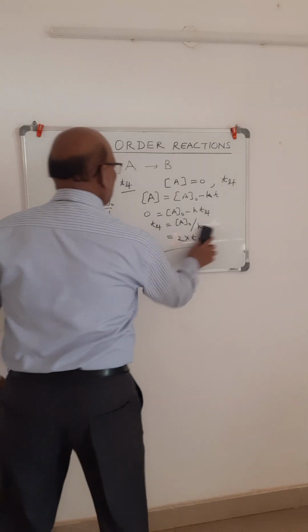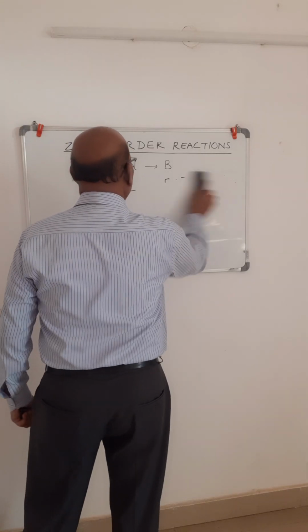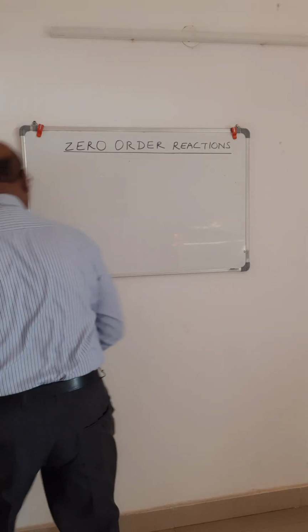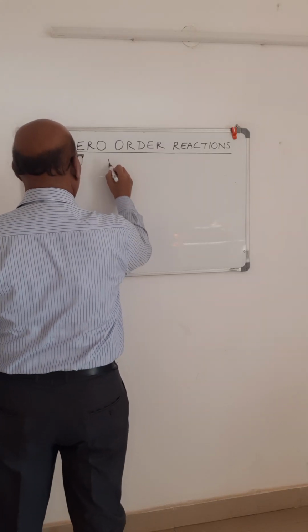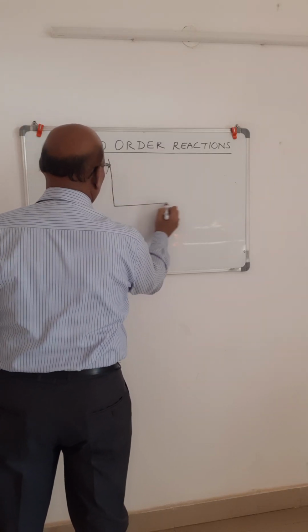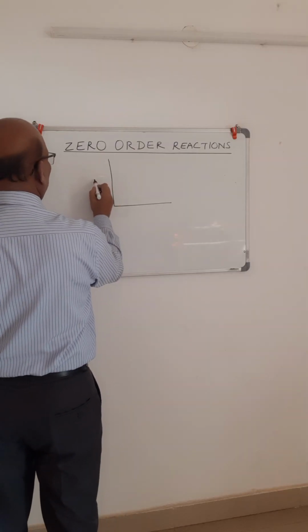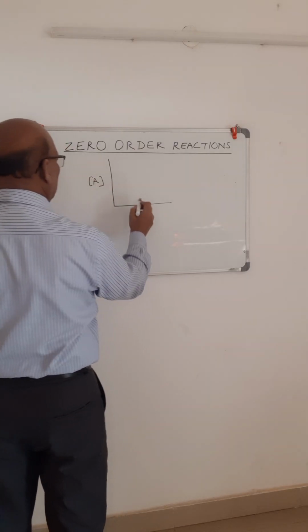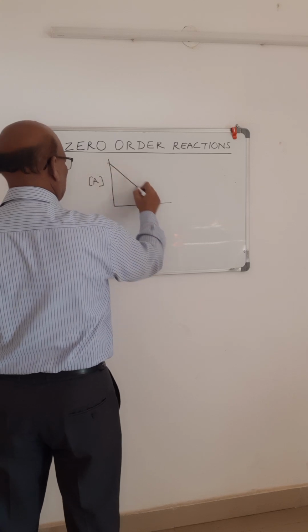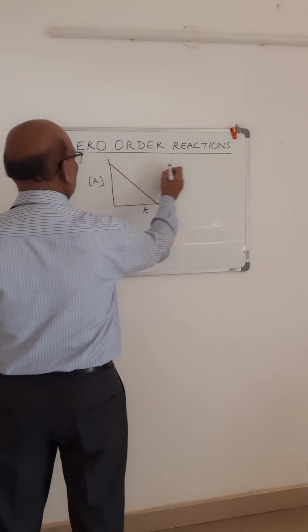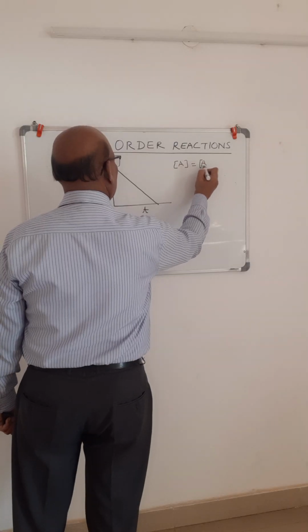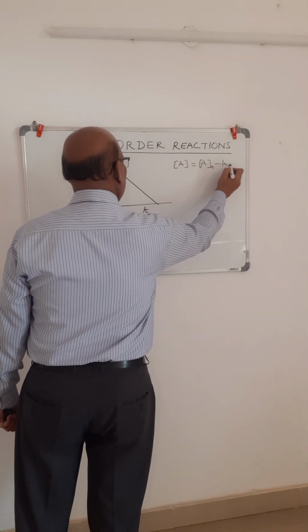Okay, now if we plot this in a graph, then we will find this. Suppose concentration of A versus time, if I plot, then this will be a straight line, because the equation is A equal to A naught minus Kt.